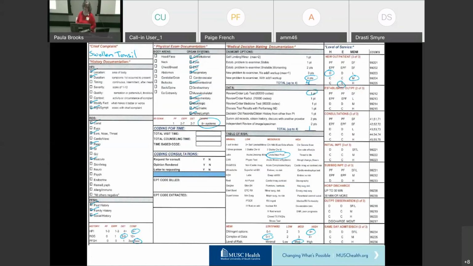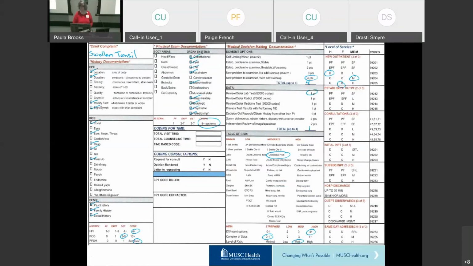Comprehensive exam. We had a new problem with additional workups, so that was our 4 points that we needed for the diagnosis management options. We had 1 point under the data review, and an undiagnosed new problem on our table of risk. So, anybody want to take a guess at what level of service this is?